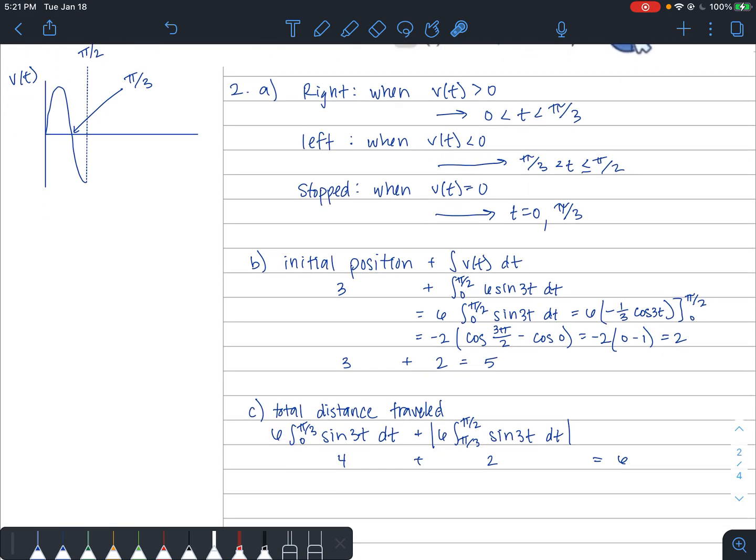So we have the integral from 0 to pi thirds, so that's from here to here, of 6 sine of 3t. If I find the area under the curve from here to here, that will tell me how much it moved to the right. This right here will tell me how much it moved to the left, but I want the absolute value because I don't care that it's negative. In any case, if you find those, we end up with it moving a total of 6 units.